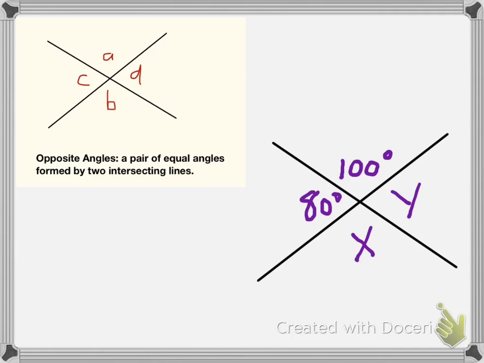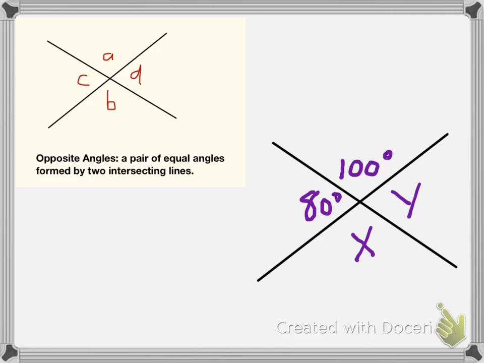Now, resuming with our discussion of intersecting lines, you can see in the top left corner here we have two lines that have intersected, and now we have an angle relationship called opposite angles. That happens when we have a pair of angles that are formed when there are two intersecting lines, and the opposite angles, or the angles across from each other, are equal.